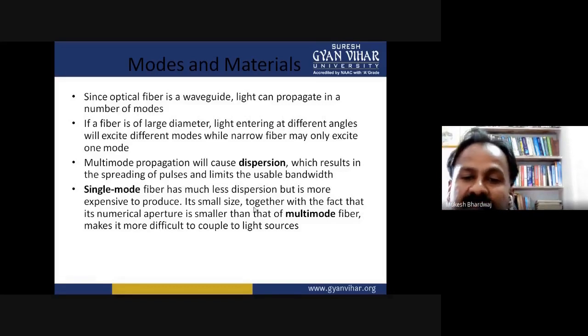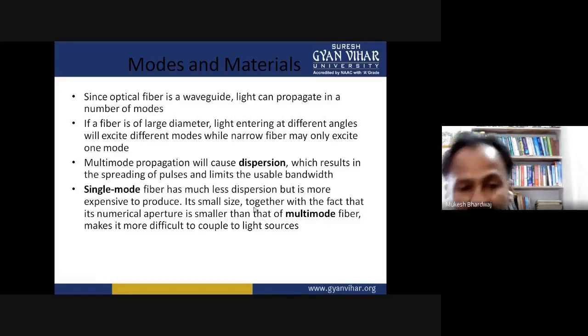The performance characteristics of this fiber type may vary considerably depending on the material used and the method of preparation. The doped silica fiber exhibits the best performance. A typical structure for a glass multimode step index fiber is shown in the next slide.